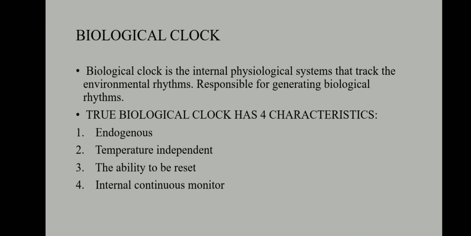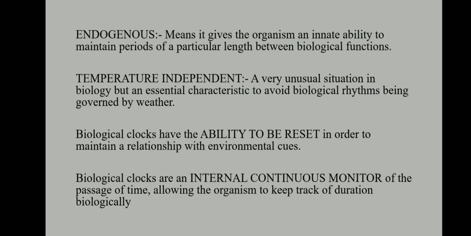Then biological clock. Biological clock is the internal physiological systems that track the environmental rhythms responsible for generating biological rhythms. And true biological clock has four characteristics. One is endogenous, second one is temperature independent, the ability to be reset, and fourth one is internal continuous monitor. Endogenous means it gives the organism an innate ability to maintain periods of a particular length between biological functions.